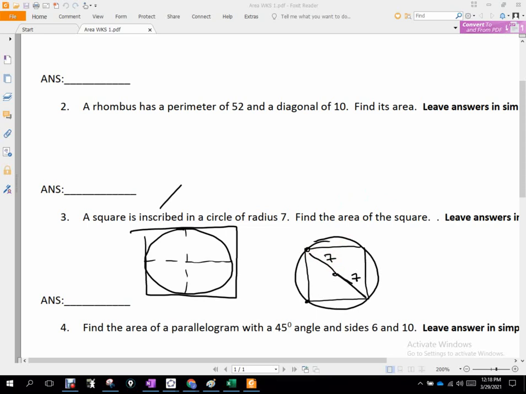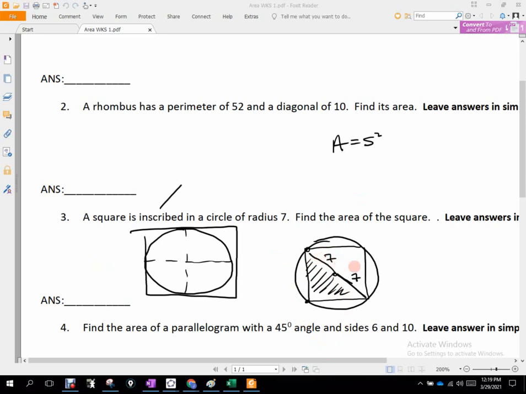So we got a couple options here. What's the area formula for a square? Side times side, right? Do you know your sides yet? But I know the diagonal. And what kind of triangle is that triangle right there? 45, 45, 90, or a right isosceles.